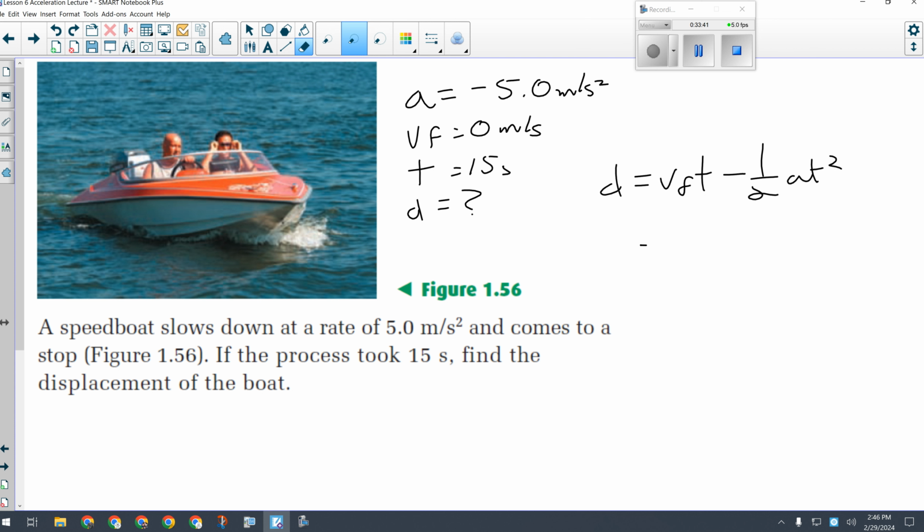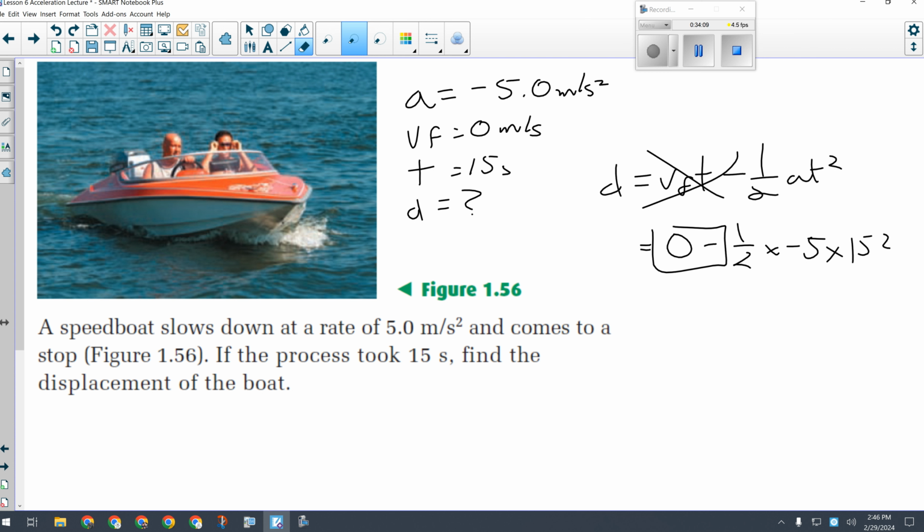Okay, so I'm going to have 0 minus 1/2 times negative 5 times, what was the time? 15 seconds, 15 squared. Why is it important for me to include this and not just cancel off the VF times T and pretend it's not there?